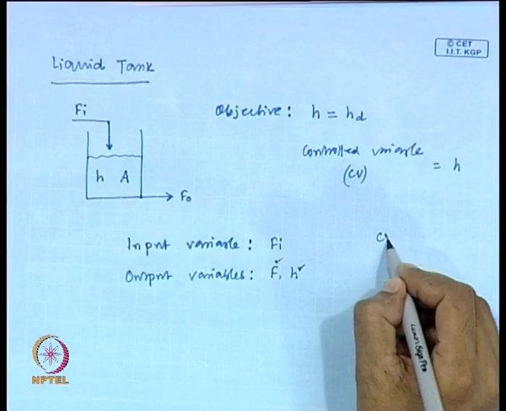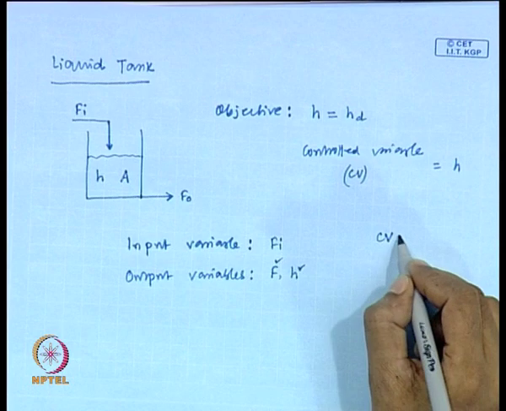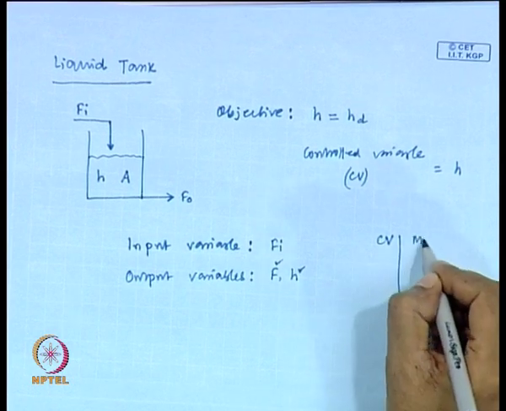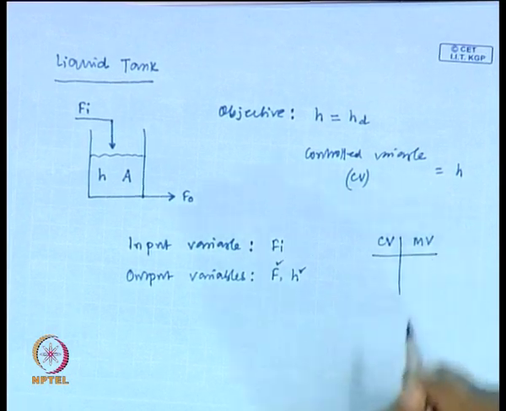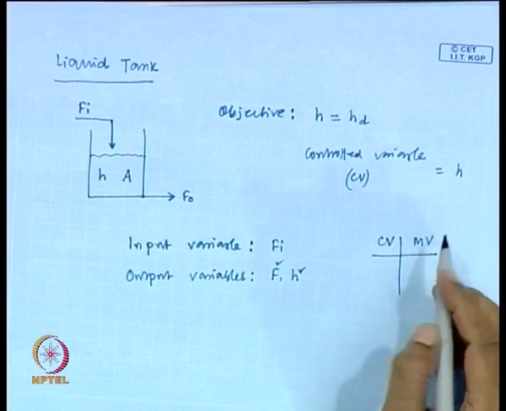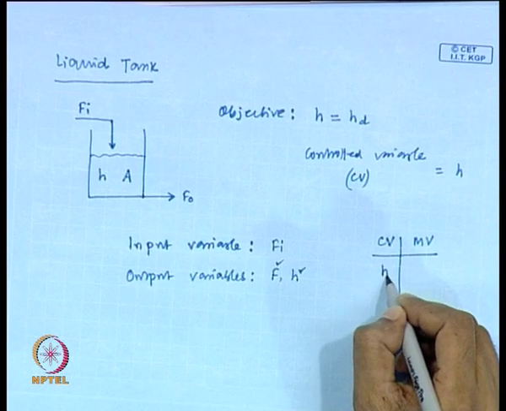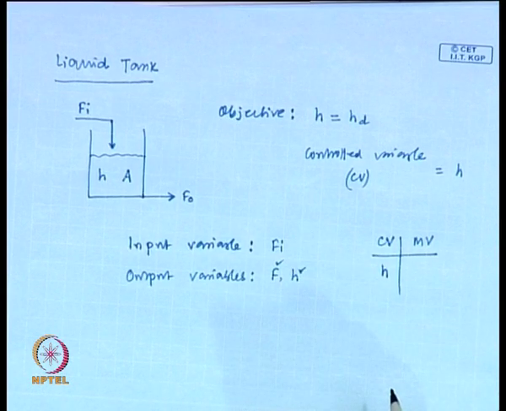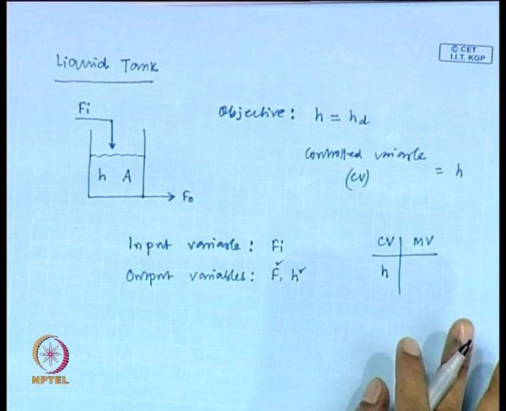Now, for this example system, can you make a pair between controlled variable and manipulated variable? We have decided that for this particular system, liquid height in the tank H is the control variable. So, what will be the corresponding manipulated variable?